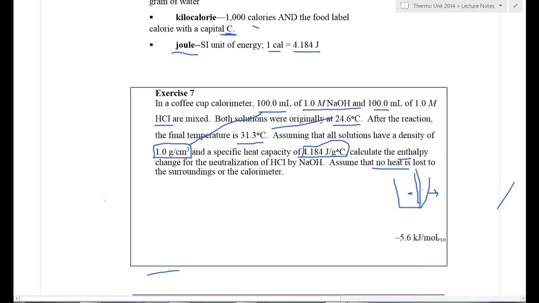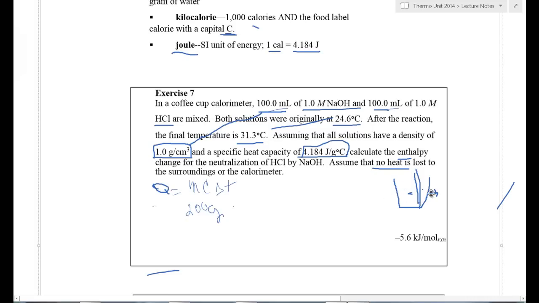Okay. So if we think about Q equals m c change in T, we can use the amount of each substance, which together is 200 milliliters, and because the density is 1, that gives me 200 grams. I've got 100 milliliters of this, which is about 100 grams, and 100 milliliters of this, which is about 100 grams.